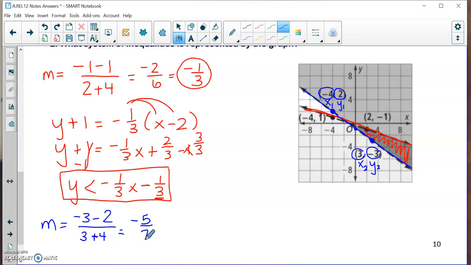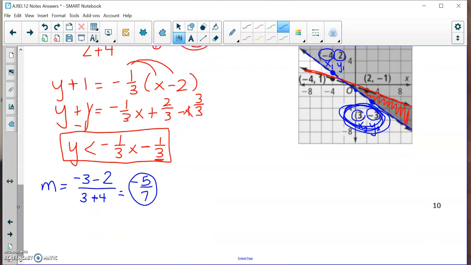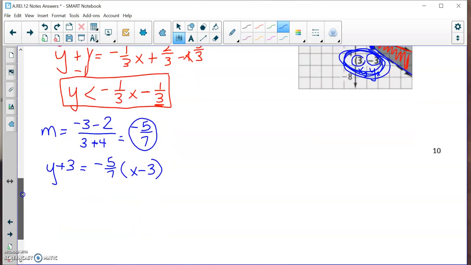So I'm going to use this negative 5/7, and one of the blue points, it does not matter which one. I'm going to use this one here to write my equation in point slope form. So I have y minus the y value, which is negative 3, so it's really y plus 3, and that will equal negative 5/7 times x minus the x value, which is 3.